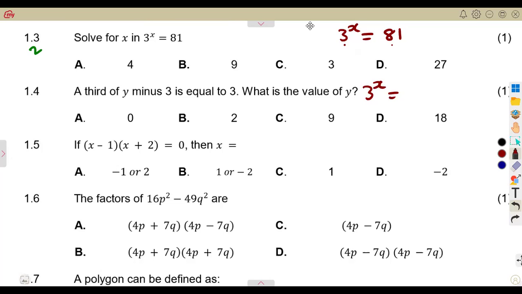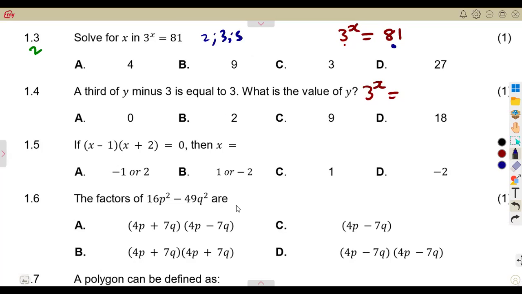If you are stuck in exam conditions, at least understand which numbers can give us 81. We have prime numbers like 2, 3, 5, and so on, but for 81 we focus on 3.